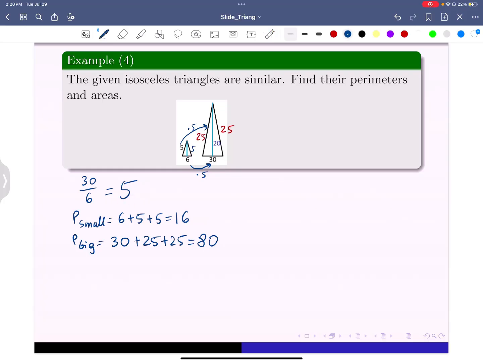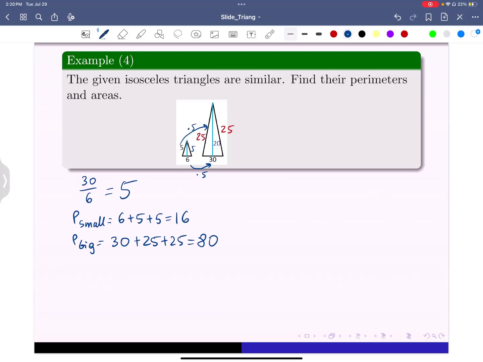Now we need to find the height. This height is 20. So what height needs to be here? The small height times the 5 multiplication scale must be 20.